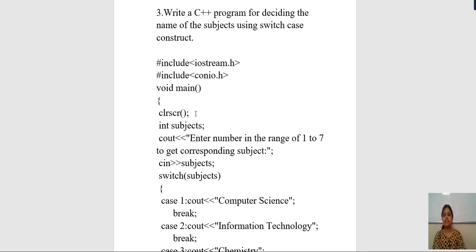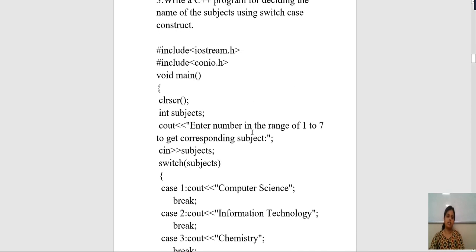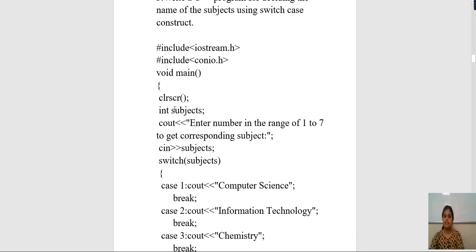After that, there is a declaration of the subject. I have declared it as int subject, that is, int is the integer data type I have used for the subject. After that is the cout statement, the output statement. I have printed: enter number in the range of 1 to 7 to get the corresponding subject.